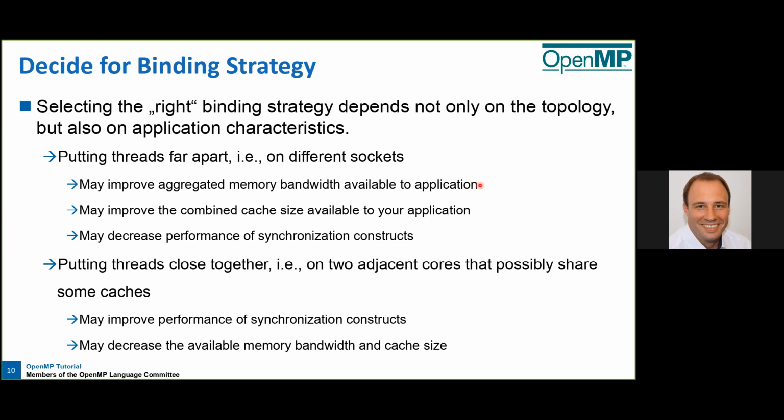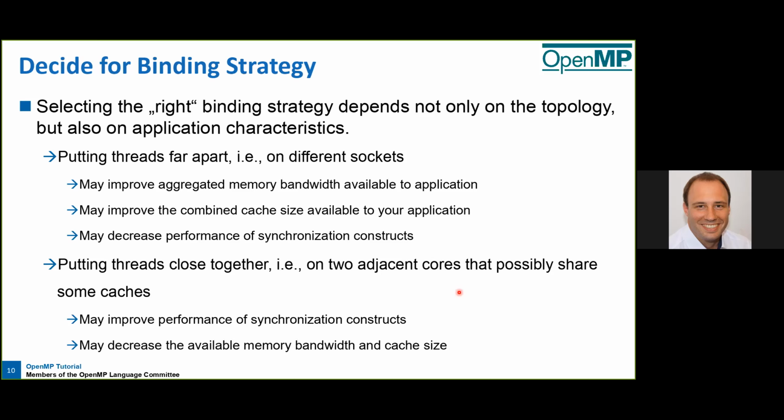However, if you have a lot of fine-grained synchronization, like for example, 2 threads making use of a lock variable, then this might be a little bit slower if these 2 threads are on different sockets, because a lock variable cannot reside in a shared cache. So then, putting 2 threads close together, this is the other end of the spectrum here, could increase performance.